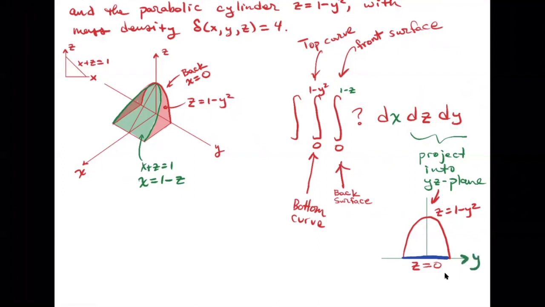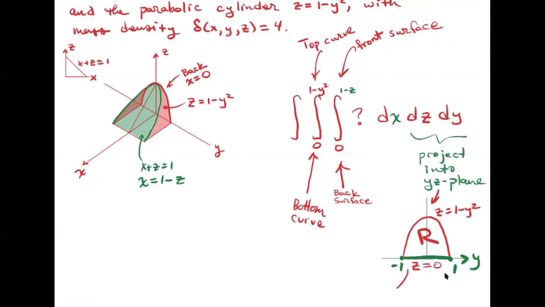So y is the axis we're projecting onto, and y is going to go from -1 to +1. Once you've projected into the xy plane and you're integrating over something like a region R here, you go curve to curve when you're in the plane, and then that two-dimensional region projects onto an axis.